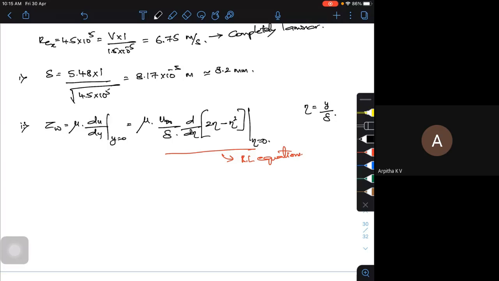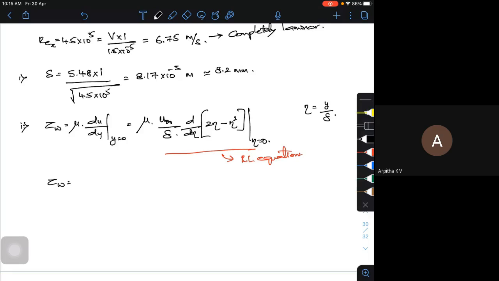So now what will be your wall shear stress for this condition is equal to your mu. So mu, actually what we have to put, mu is nothing but your rho into your nu.